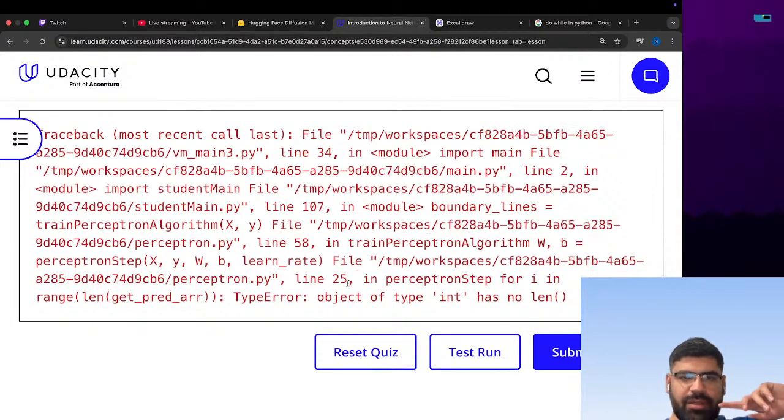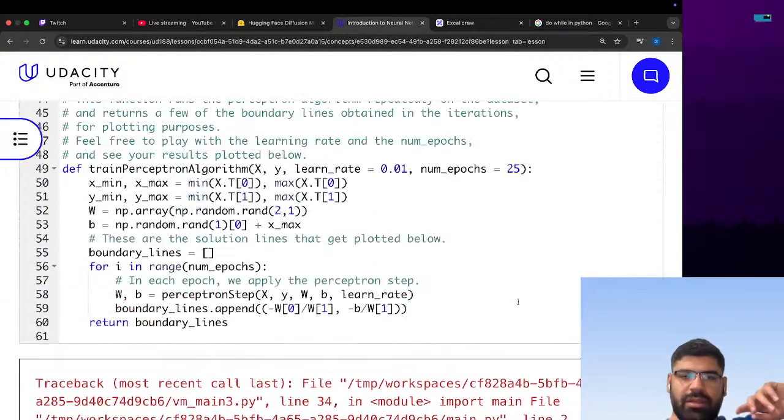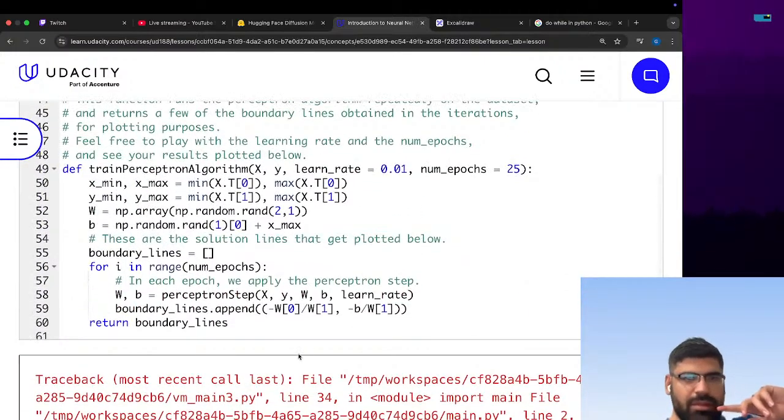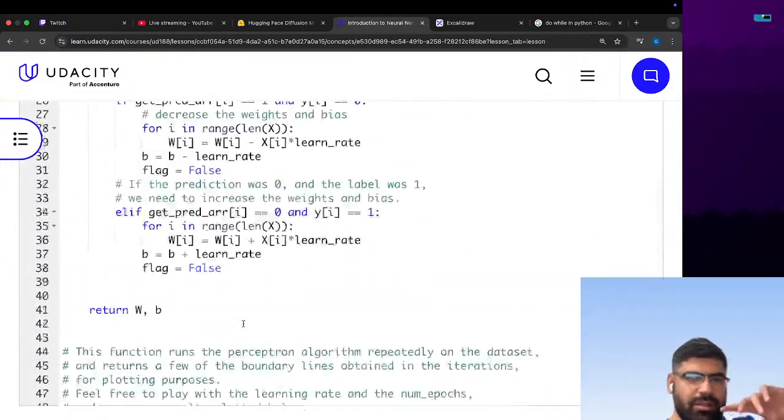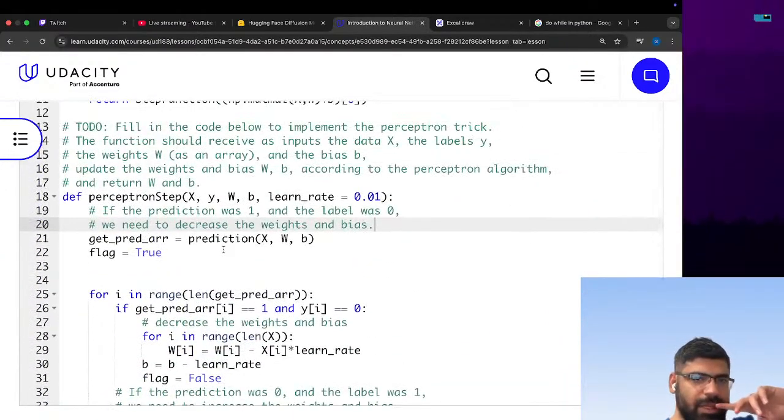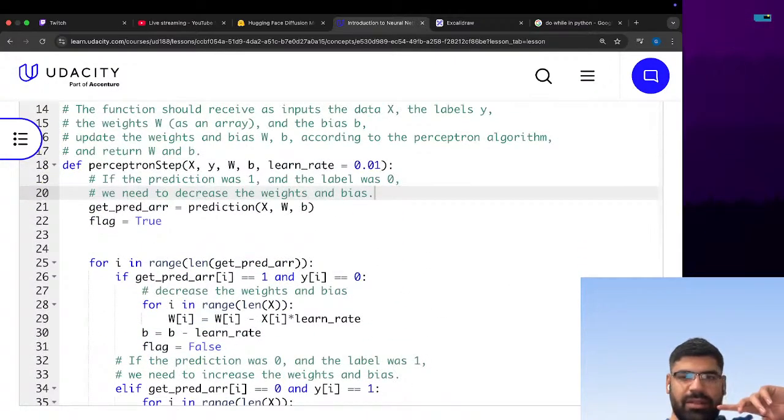Got a different error: int has no length. Okay, a different error, which is a good thing. So it's not an array.